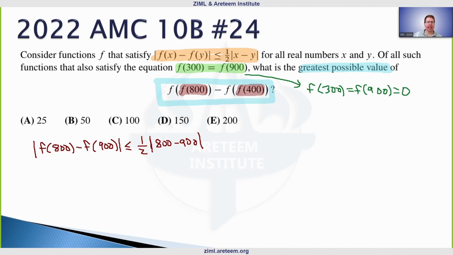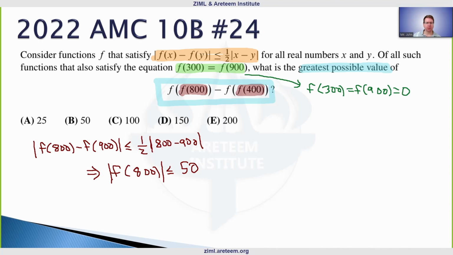And the advantage of this is that what this is really telling us is that f of 800 is less than or equal to 50. Just because we had 0, it could still be absolute value. So the absolute value of f of 800 is less than or equal to 50 in this case.